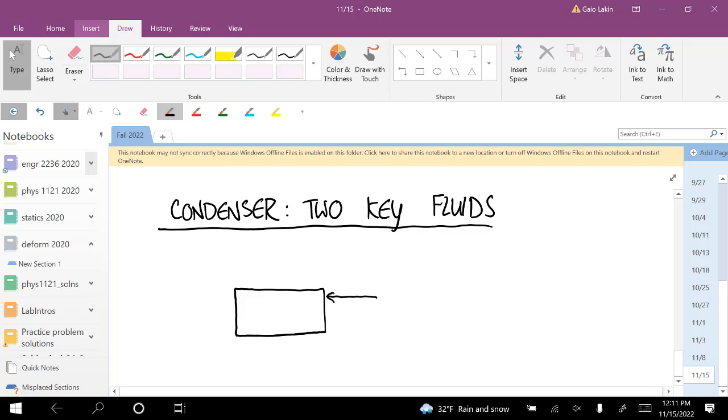We know that the working fluid is going this way from our state 2 to our state 3. This is the working fluid, almost always water, but it doesn't have to be. And it has constant pressure.